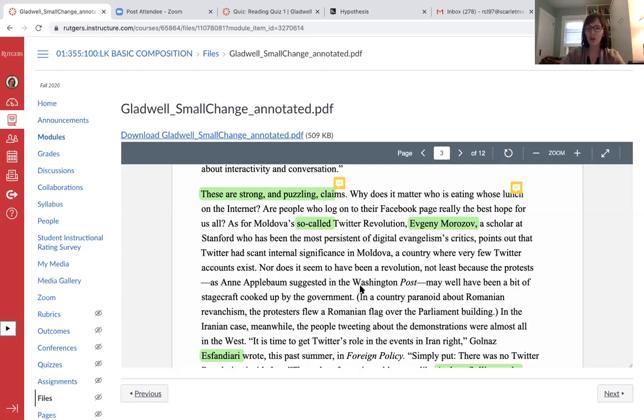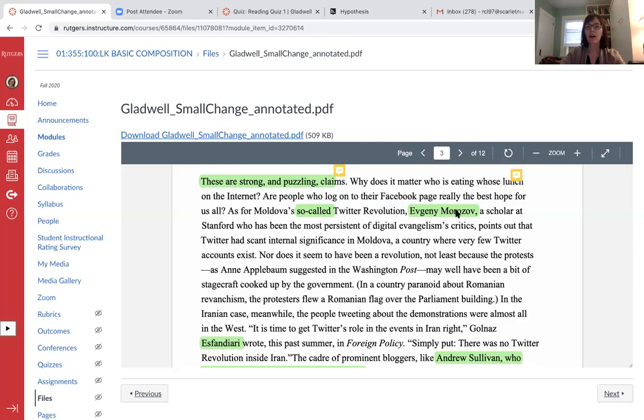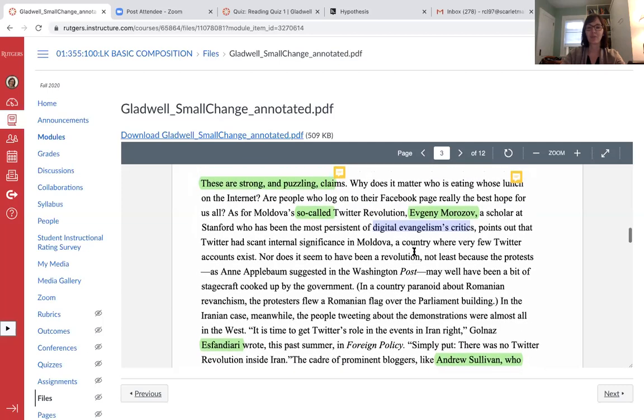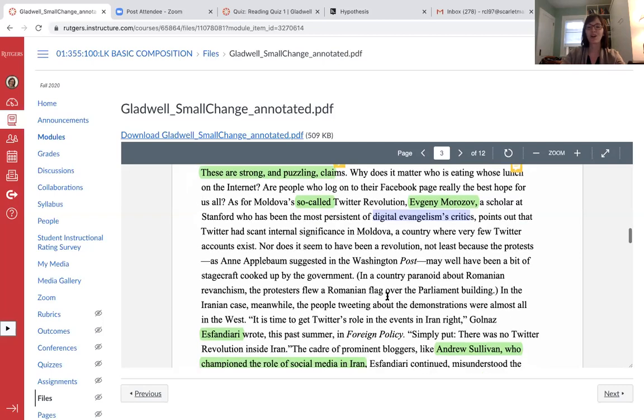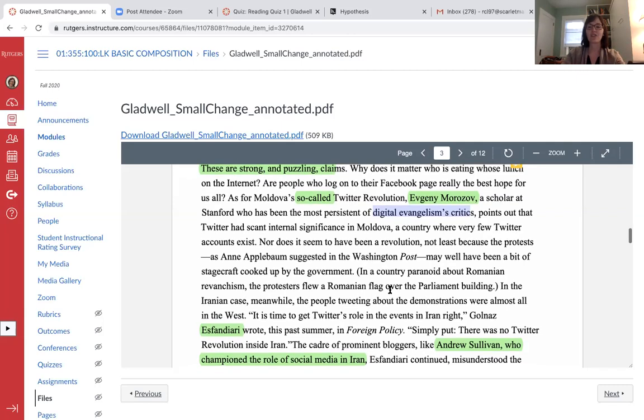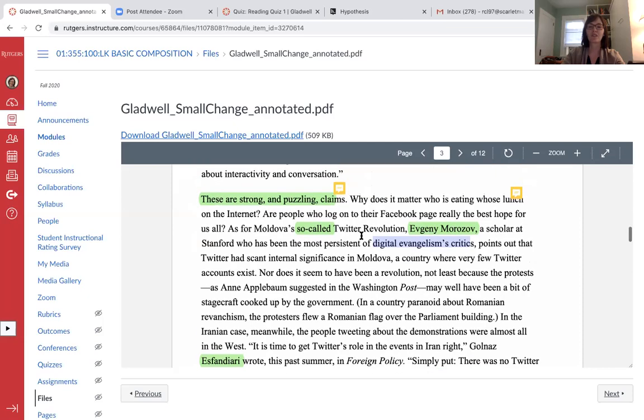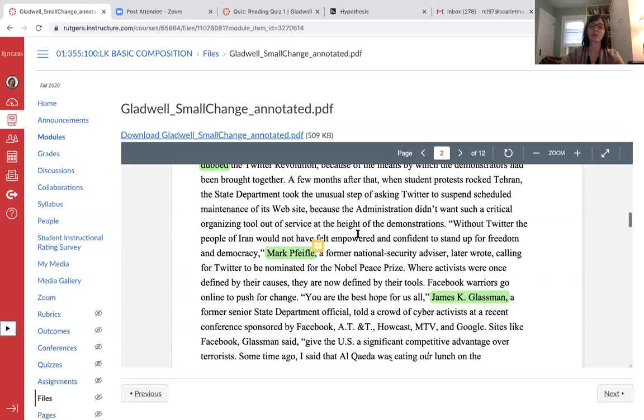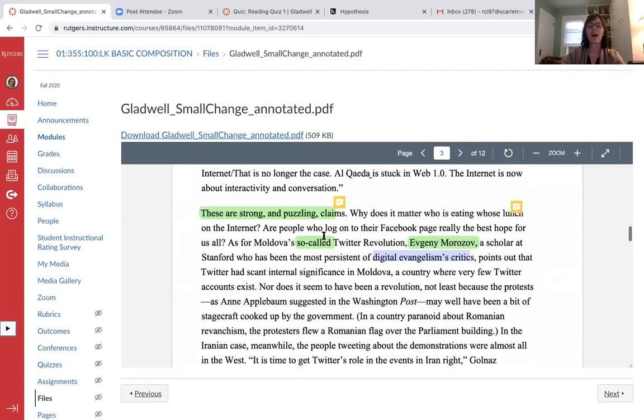And so he uses Morozov, who he refers to as a critic of digital evangelism, to help him make his case that those so enthusiastic about social media's capacity to enact social change are actually overblown in their ideas. Morozov proves that the so-called Twitter revolution wasn't actually a Twitter revolution.